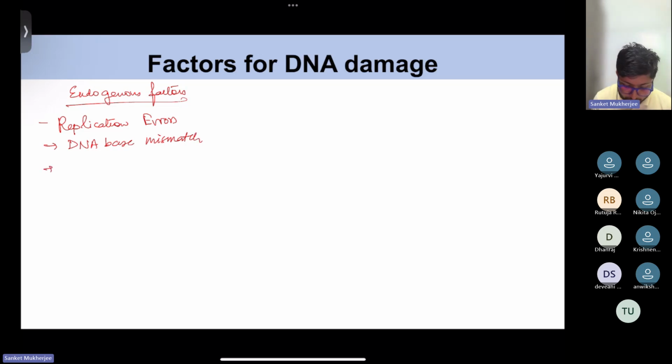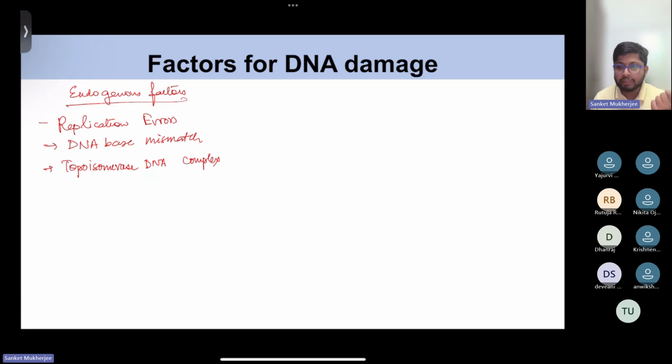Then there is the topoisomerase DNA complex. Topoisomerases are a group of enzymes which help in uncoiling the DNA.